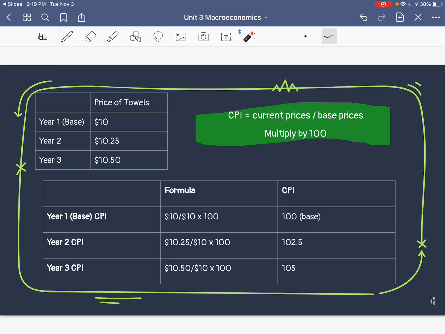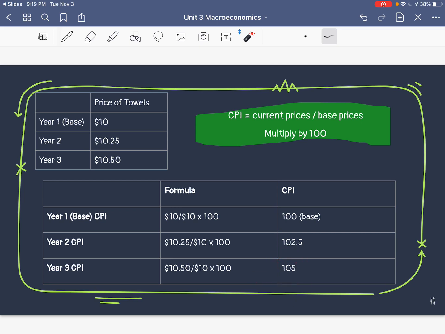2.5%. Okay. Now, year 3, when we compare it back to year 1 to see how inflation has grown, towels now cost $10.50, and we divide that by the original price, the base price, 10, and multiply by 100. And now our CPI is 105%.